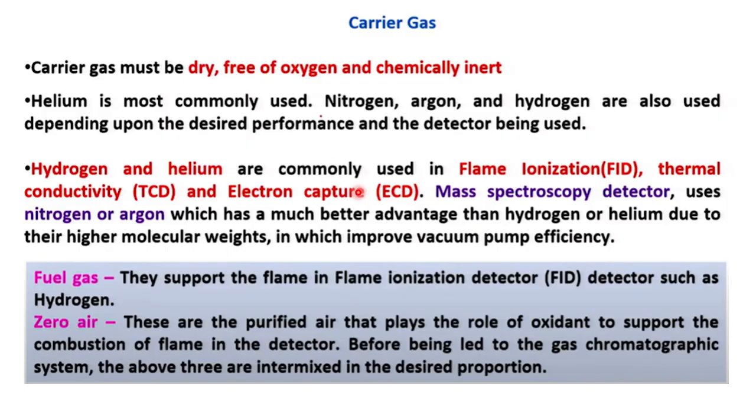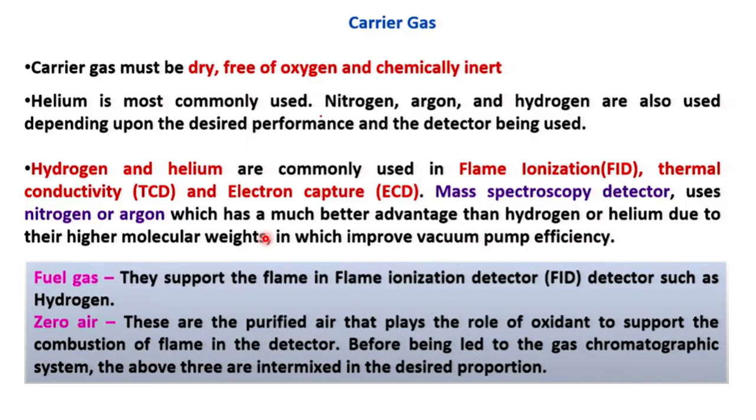Hydrogen and helium are commonly used in the flame ionization or FID detection, thermal conductivity, and electron capture detection, because these are very lightweight elements. Mass spectroscopy detectors use nitrogen or argon, obviously because of their higher molecular weight, and that is the advantage to improve the vacuum pump efficiency.